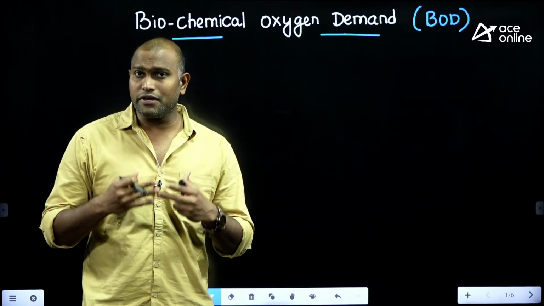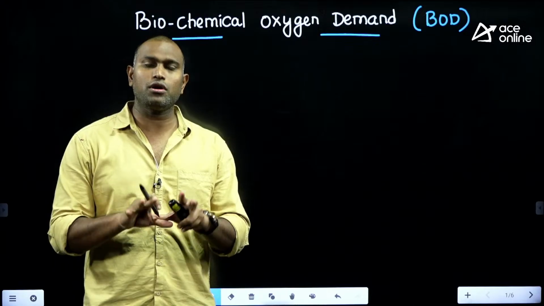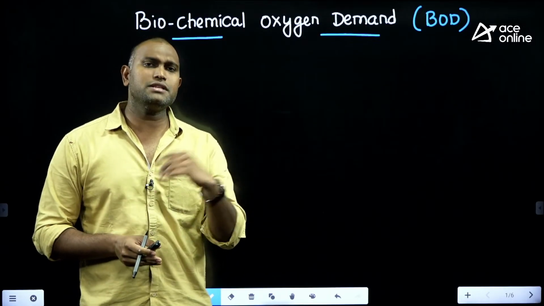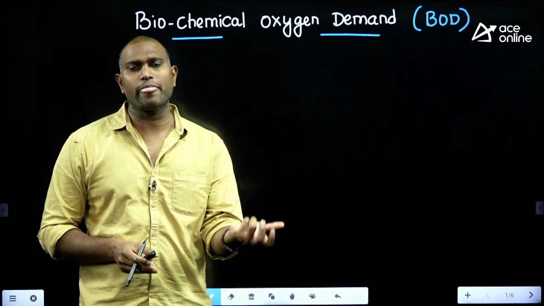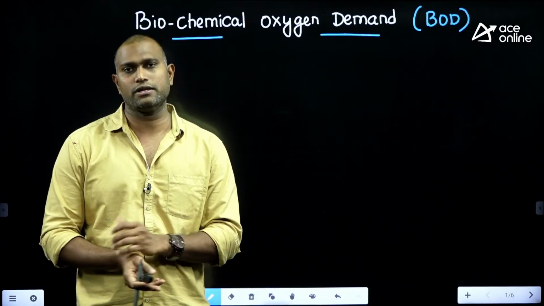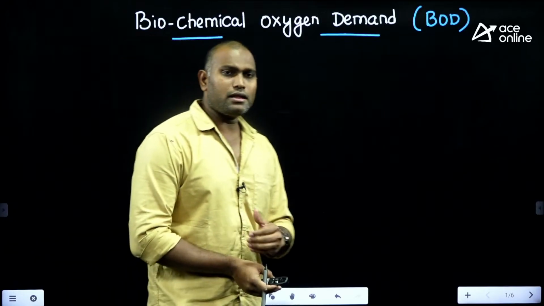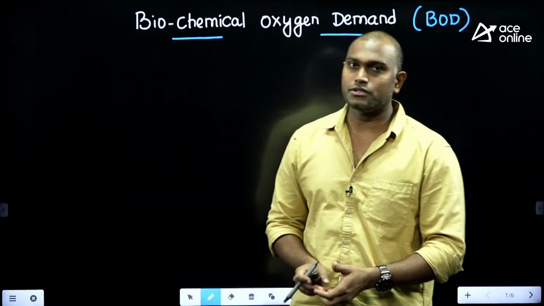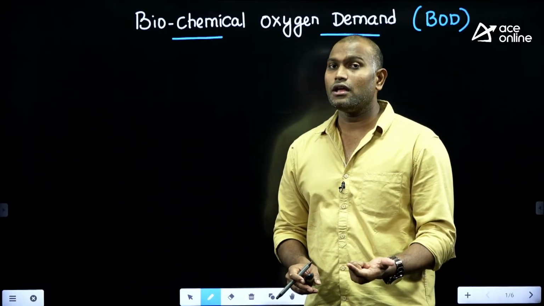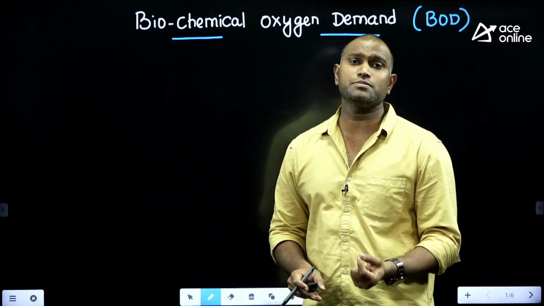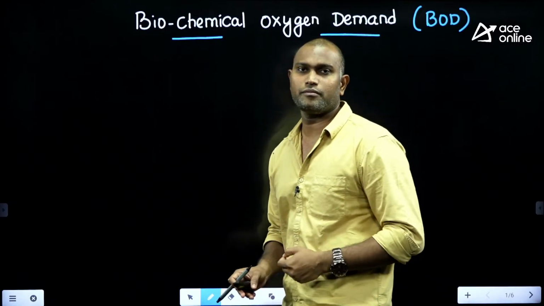That wastewater has to be disposed of out of the community immediately. Majorly we dispose of it in river bodies or large surface water bodies, right? But the point is how you are going to dispose of it: with treatment or without treatment? You must dispose of it after treatment.